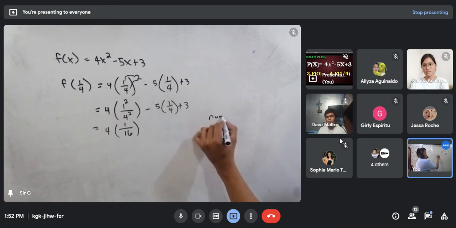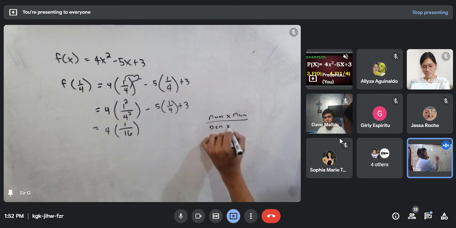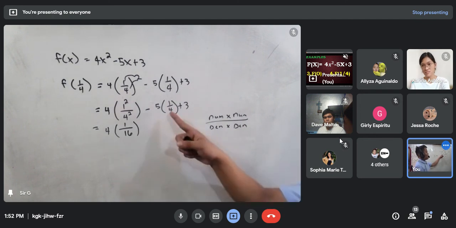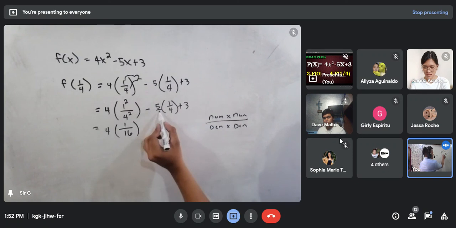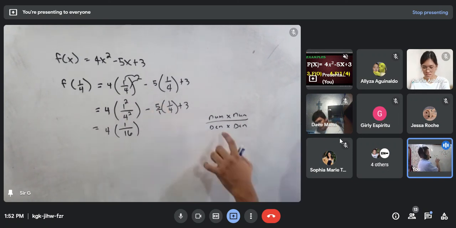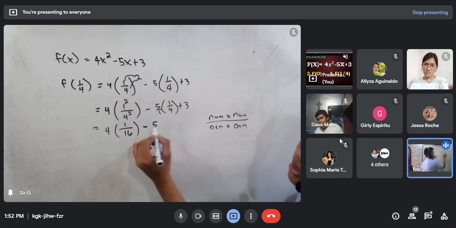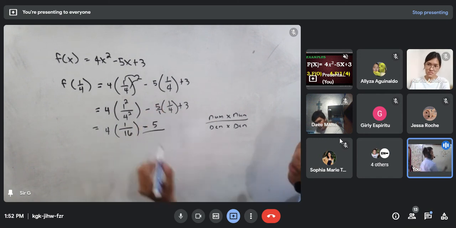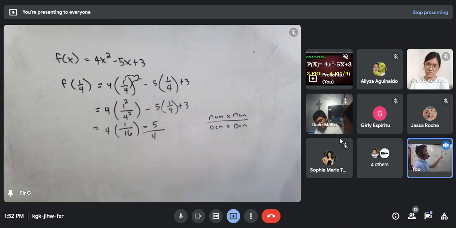Numerator times numerator, denominator times denominator. Since it's just 5, there's automatically an over 1. So when we multiply numerator to numerator and denominator to denominator, negative 5 times 1 is negative 5, over 1 times 4 is equal to 4. That's all there is to it. That's how we got negative 5 over 4.